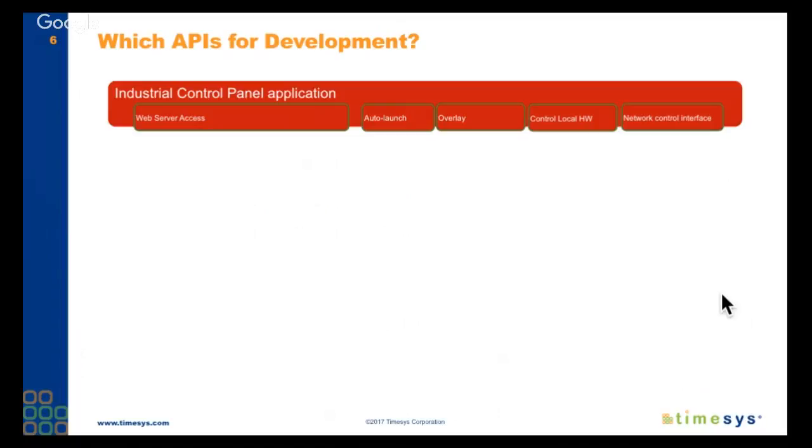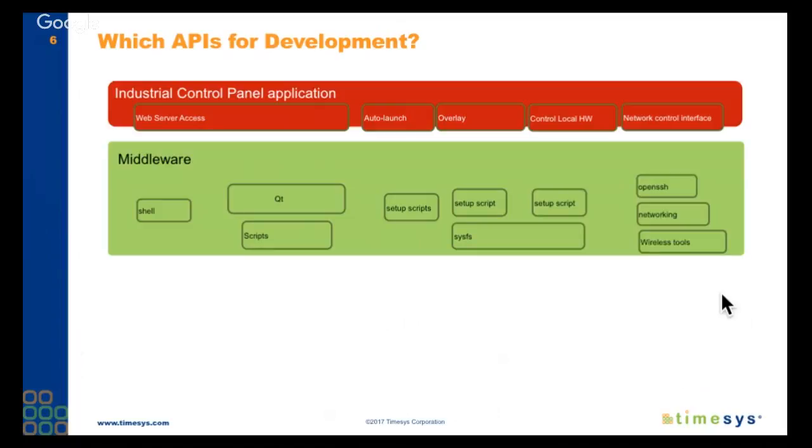These are the high-level requirements that translate into a set of APIs that I would like to leverage in my application development. Those APIs in embedded Linux live in a file system, and they're also commonly referred to as middleware.